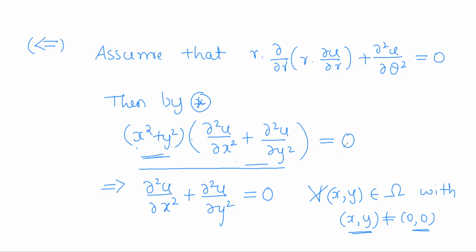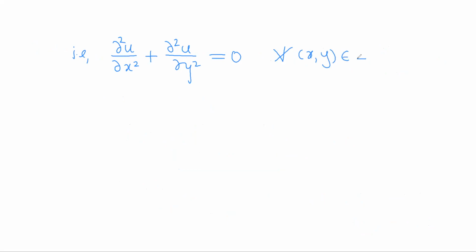So whenever the ordered pairs x and y are other than 0 comma 0, we got the Laplace equation. So I can write that ∂²u/∂x² + ∂²u/∂y² will be 0 for all x and y belonging to Ω with x comma y not equal to 0 comma 0.